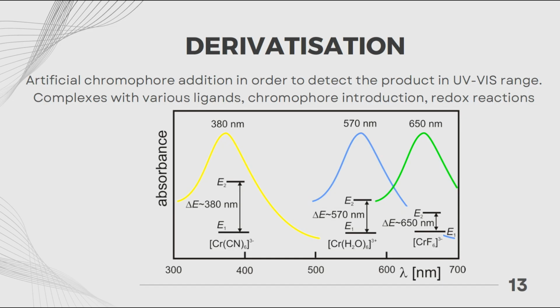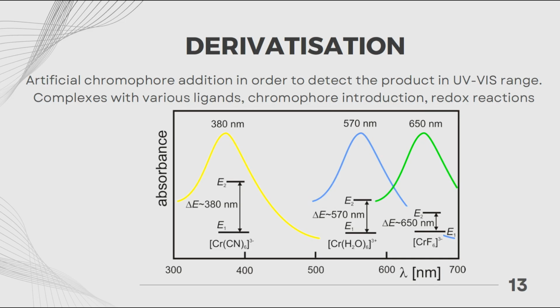When we're working with UV-Vis, it is sometimes necessary to make a compound visible, and so we add some chromophores. We do this artificially, so we need some chemical reaction. At this time we need some knowledge of organic or inorganic chemistry. We need to add the chromophore in order to see the compound in the ultraviolet or visible range.